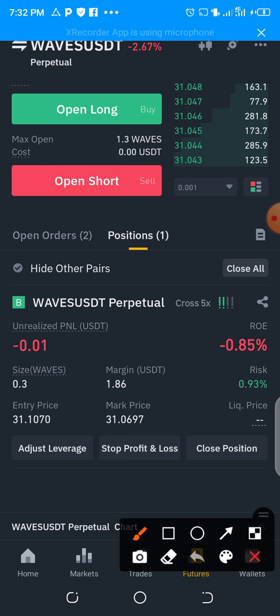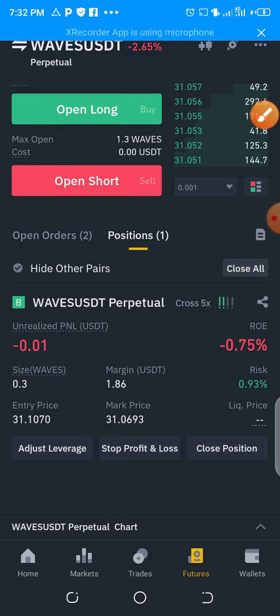That is liquidation price. You will not find any liquidation price. And my risk is 0.93%.